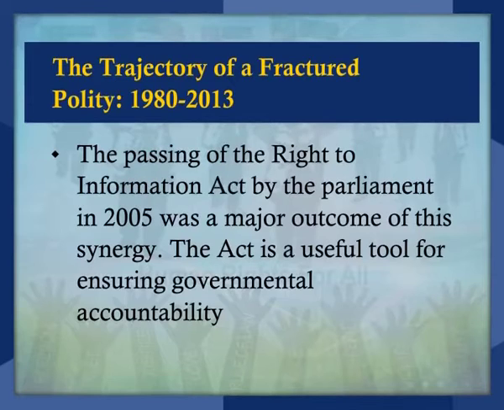Social activists and organizations have worked in tandem with the judiciary to protect the rights of and secure entitlements for a wide range of vulnerable groups such as laborers in the informal sector, prisoners, people displaced by development projects and slum dwellers facing the threat of eviction. The passing of the Right to Information Act by the Parliament in 2005 was a major outcome of this synergy. The Act is a useful tool for ensuring governmental accountability.